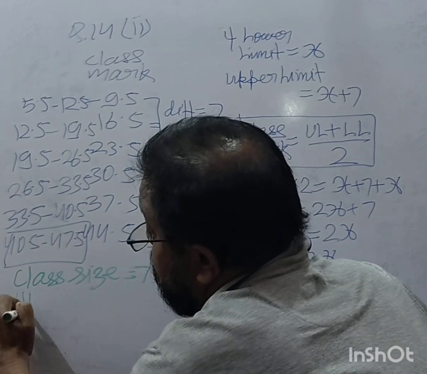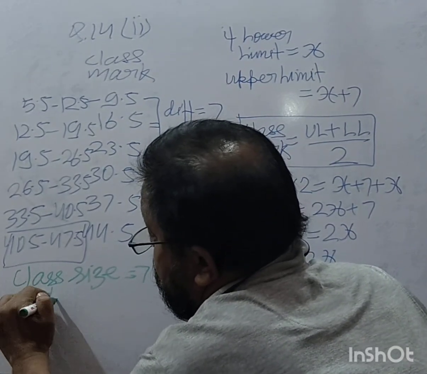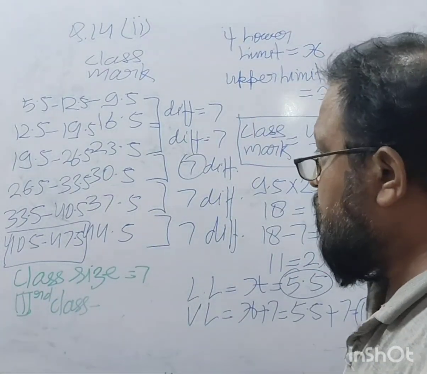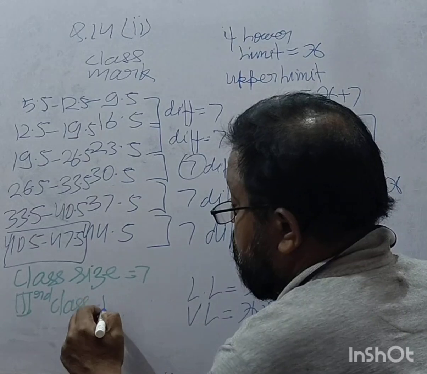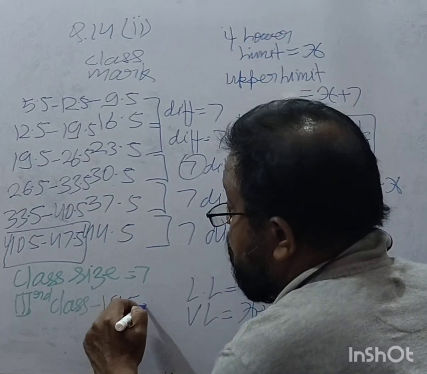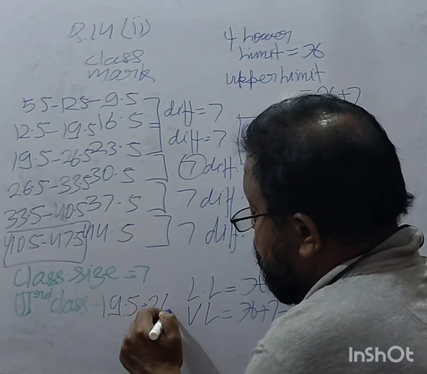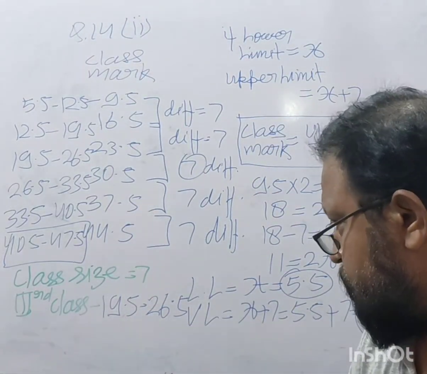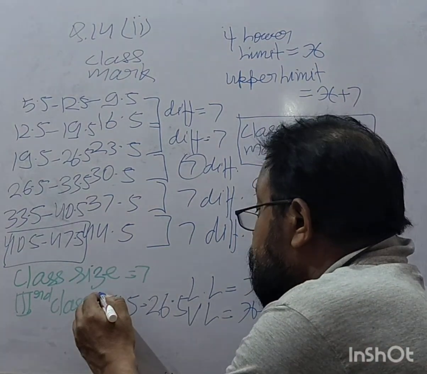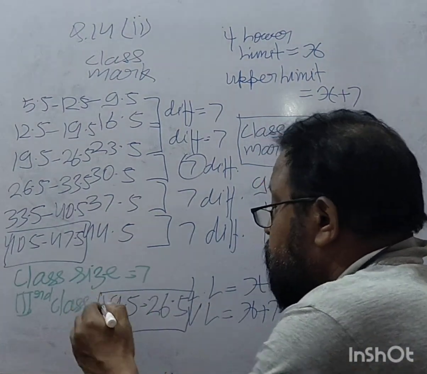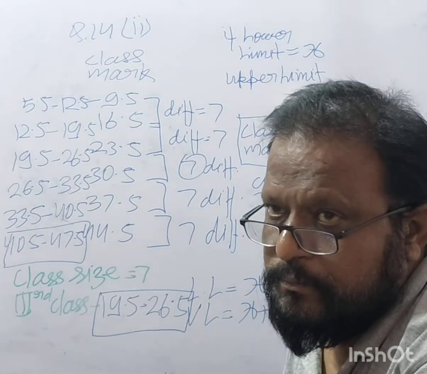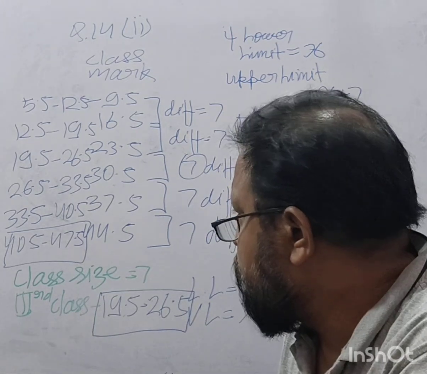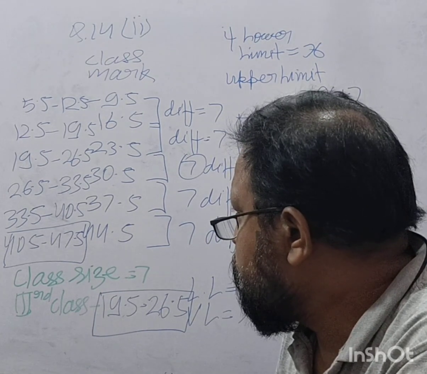The third class is 19.5 to 26.5. Check your answer. Lower limit is equal to 20 and upper limit is equal to 27.